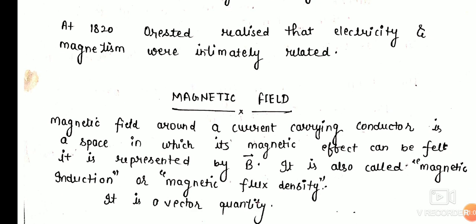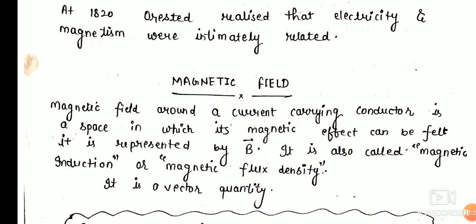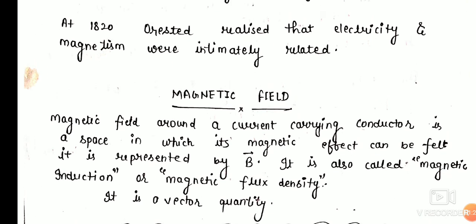Now, the Oersted experiment we also studied in 10th class, and we know how Oersted related electricity and magnetism by using a compass and a current carrying wire. So now the main topic is the magnetic field.